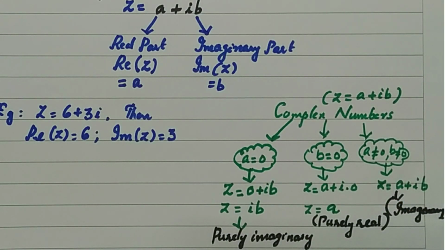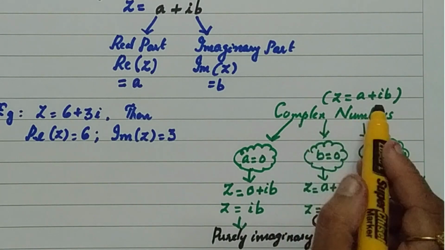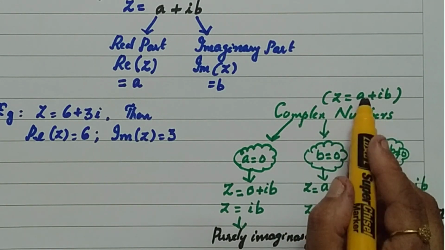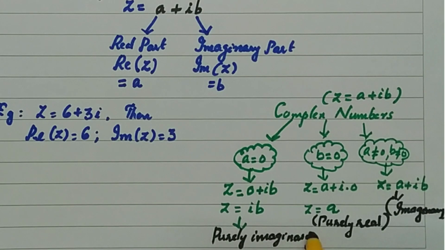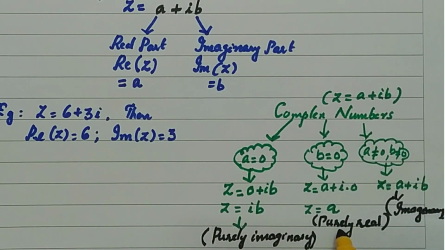So remember these three cases for the division of a complex number. z equals a plus ib is the usual representation. When a becomes equal to 0, it is purely imaginary. When b equals 0, it becomes purely real. When both are non-zero, the number is called an imaginary number.